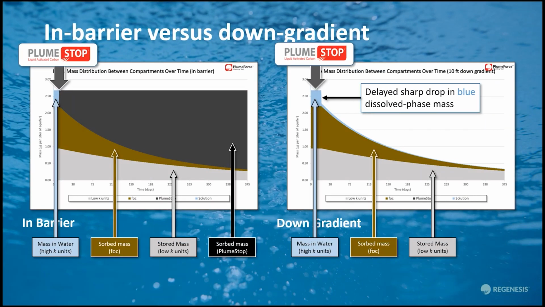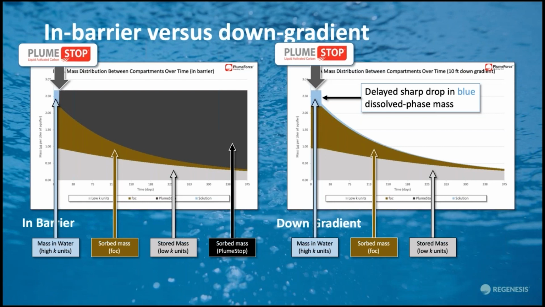When the influence does arrive, we see a rapid concentration drop in groundwater, the blue mass, but this time it doesn't drop to non-detect. We also see no black PlumeStop carbon mass, and this is because we're not in the barrier, so there's no PlumeStop carbon to capture the back diffusing and desorbing mass, so it shows as blue in the groundwater.